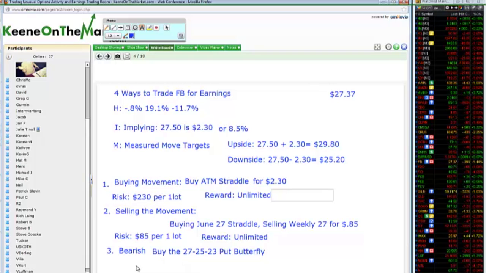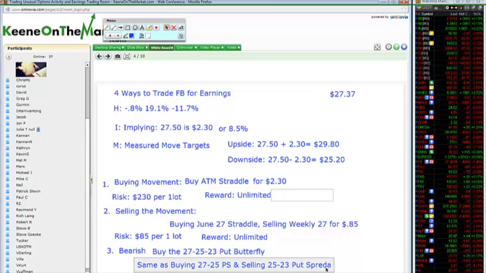Let's try to price this out. I would always do it in the weeklies. This is the same as buying the 27, 25 put spread and selling the 25, 23 put spread. Let's see what price I can put this on for right here. This is a put butterfly in Facebook for earnings.